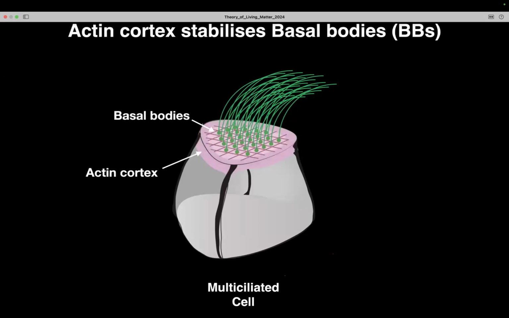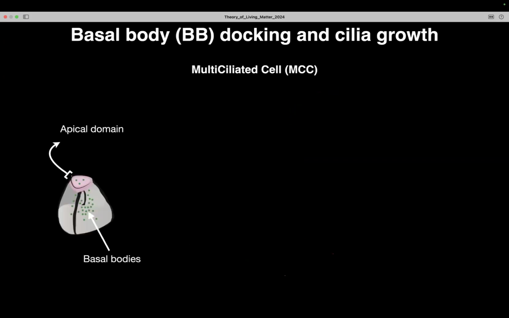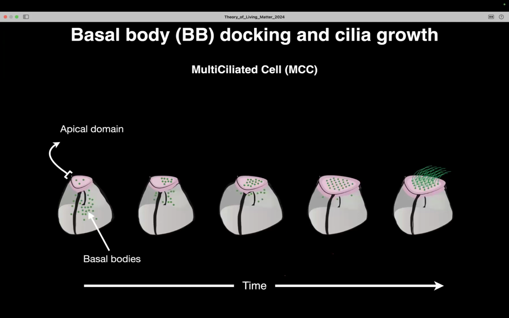These basal bodies are embedded within the apical domain, within the actin network here in pink. What is very interesting is that during differentiation of multiciliated cells, these basal bodies, which you can think of as modified centrioles, are amplified or generated within the volume of the cell, at the bottom part of the cell.